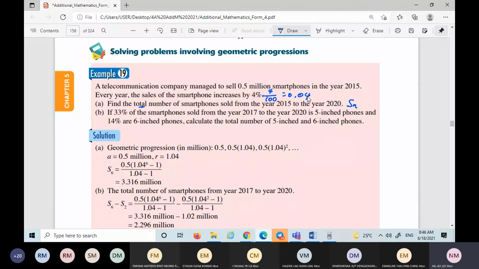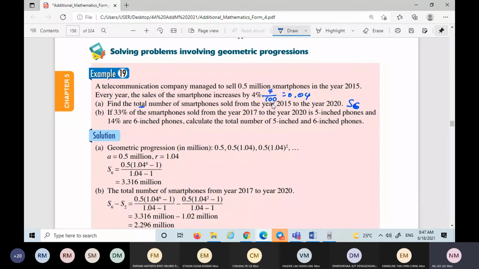So it's 8. Okay, wrong. 15, 16, 17, 18, 19, 20. Sorry, it's 6, I don't know how to count. So this question is actually asking for S6.